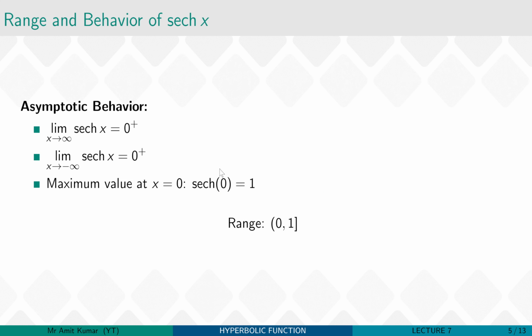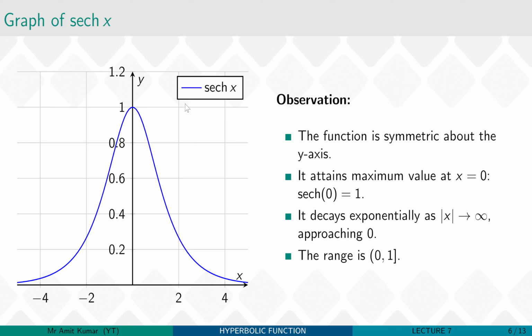Now, what is the range of sech x? Basically, the range is the semi-open interval, 0 open and 1 closed. Why? Observe from the graph.